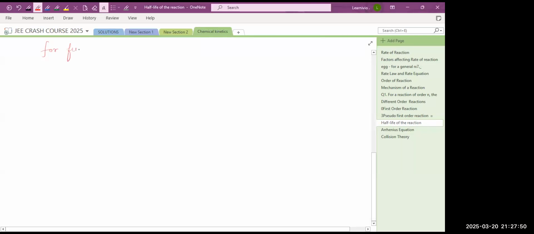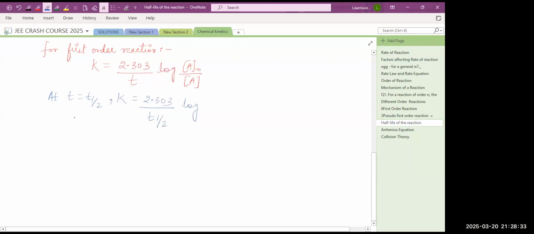For a first order reaction, K is equal to 2.303 upon T into log of A naught concentration upon A. Similarly, you know that at T equals T half, the K value will be 2.303 upon T half into log, and this A will become half of A naught, that is A naught upon 2, right?